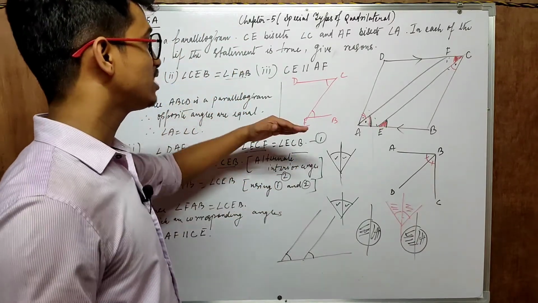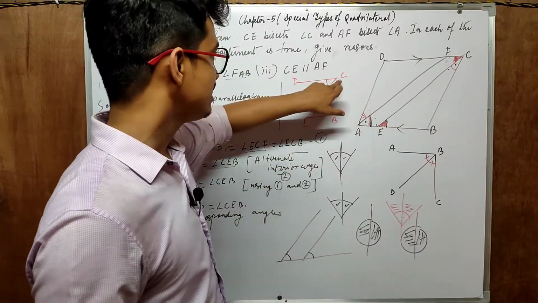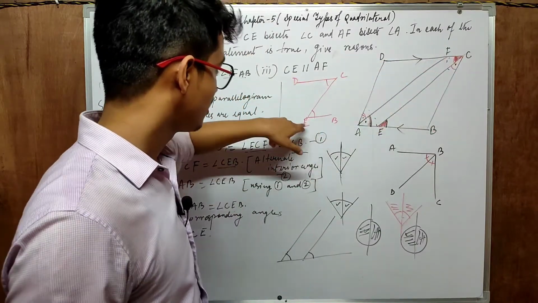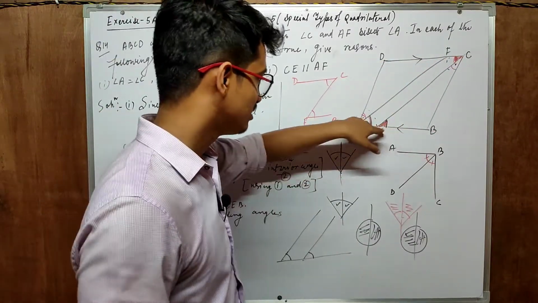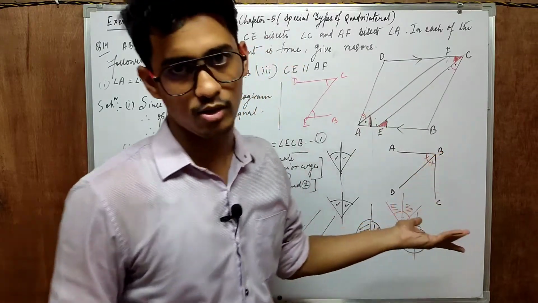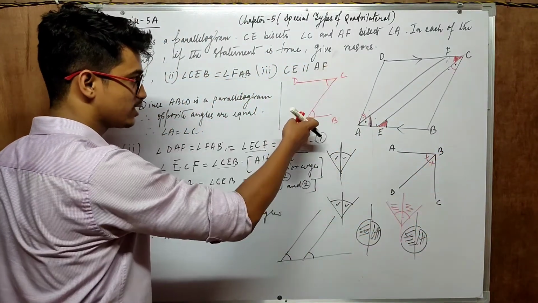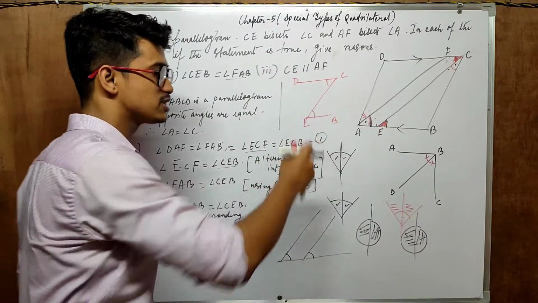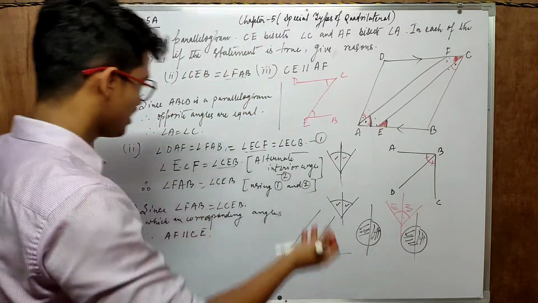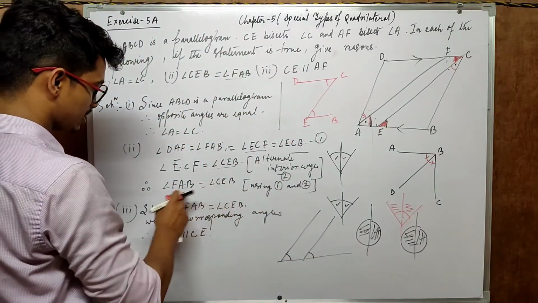So now after that, what I just did, DC this side and EB this side are parallel to each other because of parallelogram, and there is one transversal over here, so that means two angles are absolutely same, that is alternate interior angle. I have written this one, CEB, FAB.